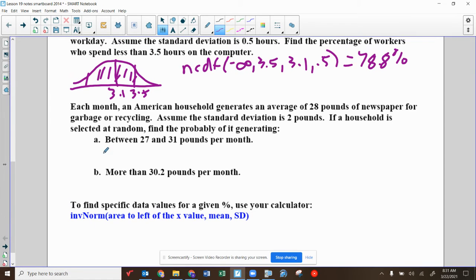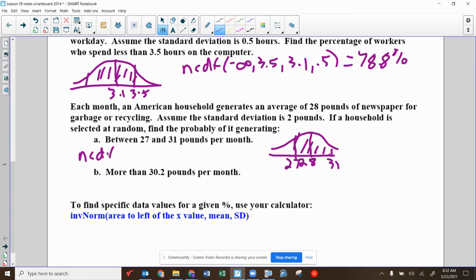Okay, and the rest of these are going to be the same idea. So each month, an American household averages 28 pounds of newspaper for garbage and recycling. We want between 27 and 31. Right over here.